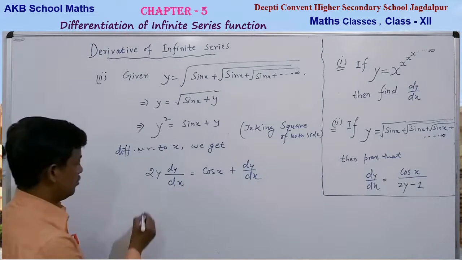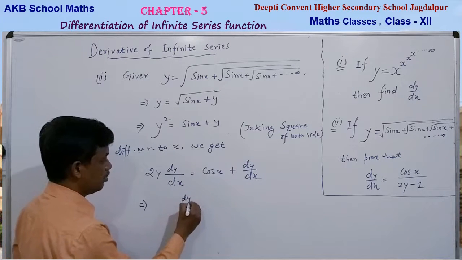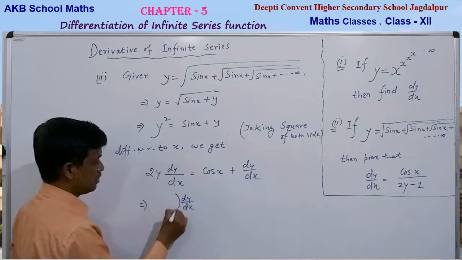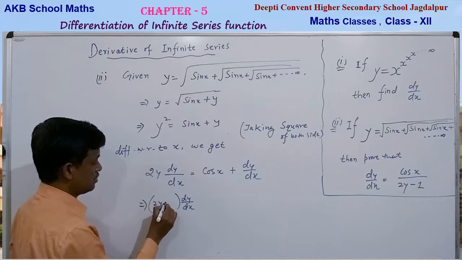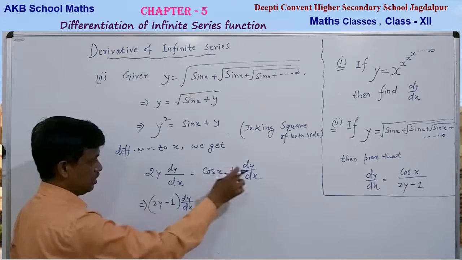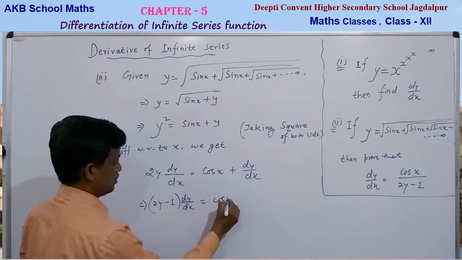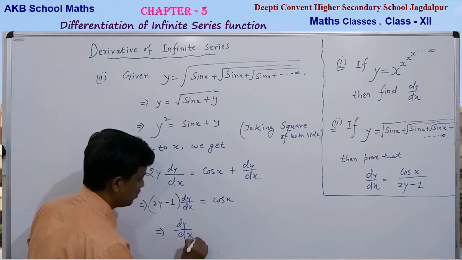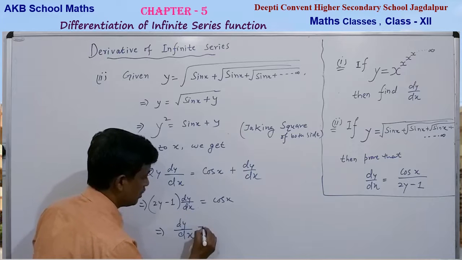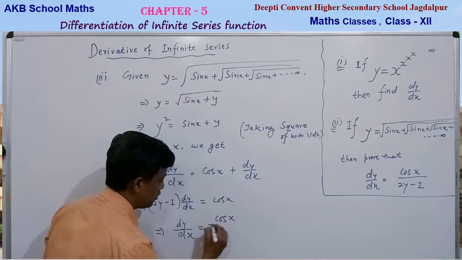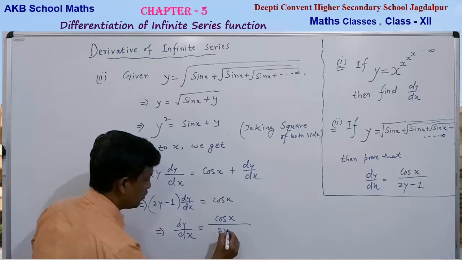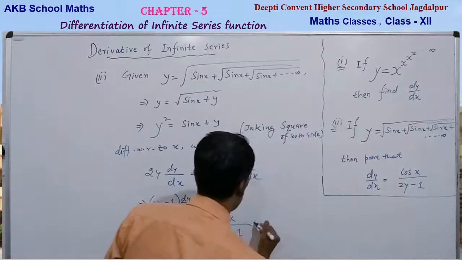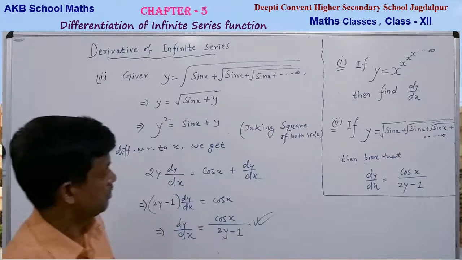Clear? Now taking dy by dx on a single side, the left side, we bring this over, so 2y minus 1 times dy by dx equals cos x. So finally we get dy upon dx equals cos x upon 2y minus 1. So this is the derivative.